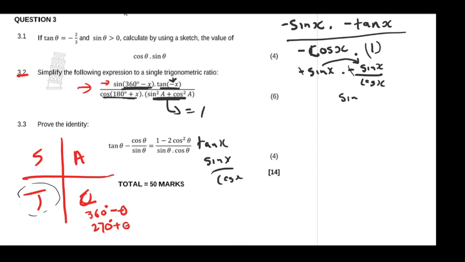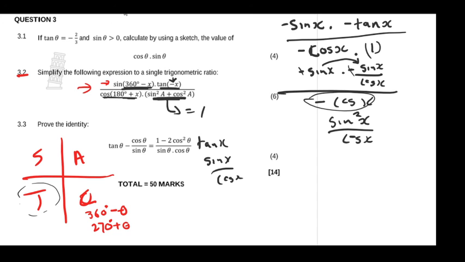We have sine squared, but before I do that, let me divide with what's at the bottom, minus cos x, right? So we're going to have sine squared x over cos x, and then I'm going to divide by negative cos x, and then I have sine squared x over cos x multiplied by negative 1 over cos x, and then this cos will multiply this cos x, and this negative 1 will multiply this sine squared x.